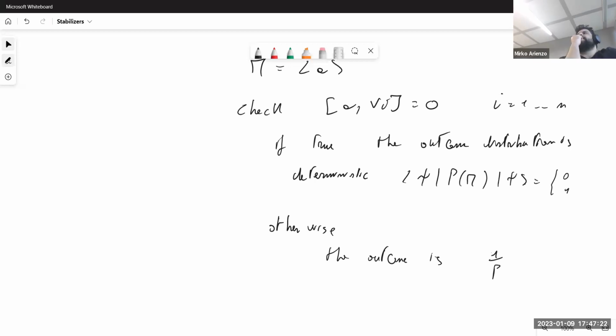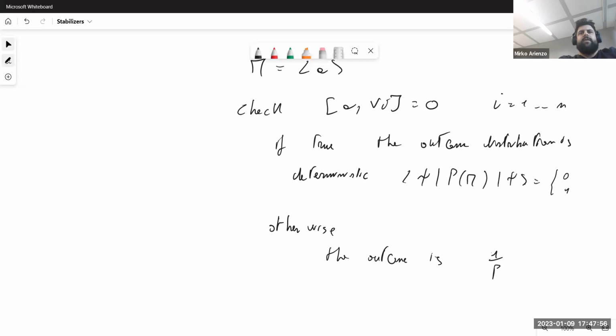Think, for example, of a Z operator measured over the plus state, and then your outcome probability is 1/2. Otherwise, if you measure the Z operator over the 0 state, your outcome is 0. So these are for the outcomes.